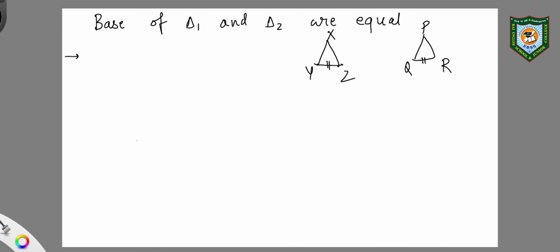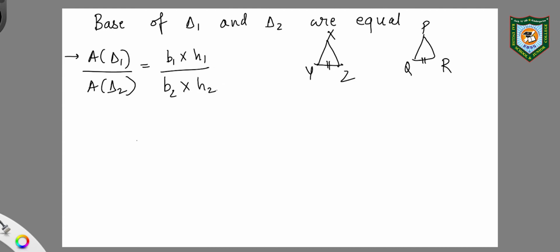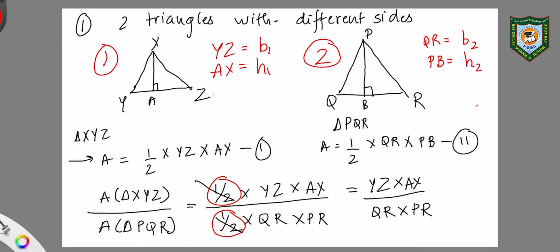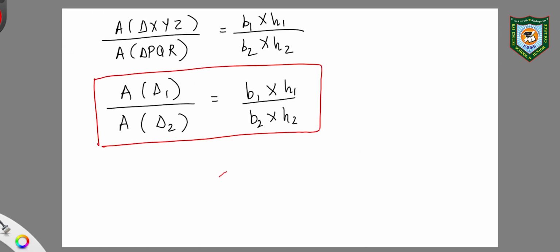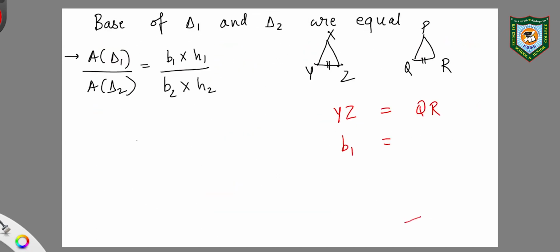Now we know from the previous slide that area of triangle 1 divided by area of triangle 2 is equal to b1 into h1 divided by b2 into h2. This particular condition says that YZ is equal to QR, but YZ, as we learned, is b1, so I'm going to write b1 here, and QR is equal to b2.